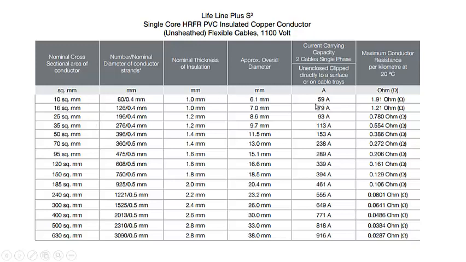So 10 square mm is 59 amperes, 16 square mm is 79 amperes, and 35 square mm will be 93 ampere current carrying capacity. Up to this, personally I have seen that some houses have installed a wire of 25 square mm, and their current carrying capability is about 93 amperes, and this 93 amperes means around 21 kilowatt load.